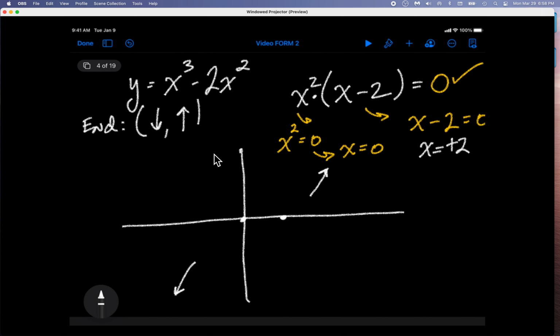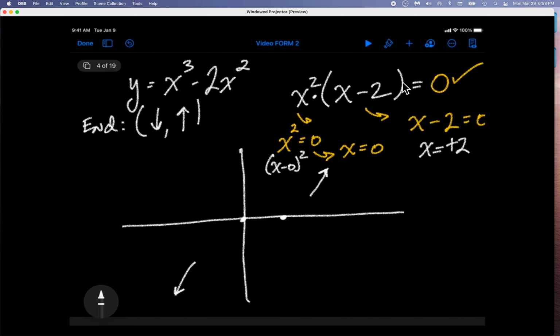Now, you see this here, the fact that this is a 2 on this 0. You can also write this as x minus 0 squared. The fact that that's even means that for this 0, the graph is going to bounce off that point. It's not going to go through.